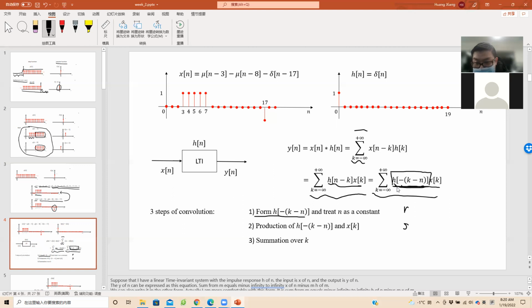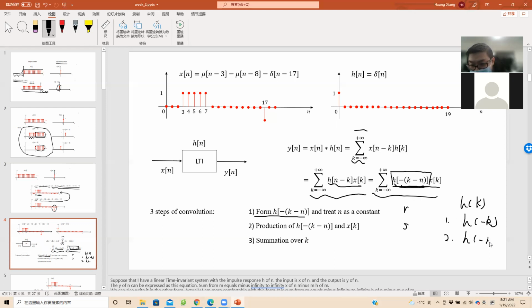To generate this h of minus k minus n, you firstly need to reflect the h of k over the y-axis to get the h of minus k, and then you just shift this reflected h to the right by n units.